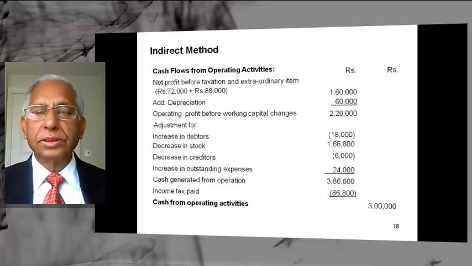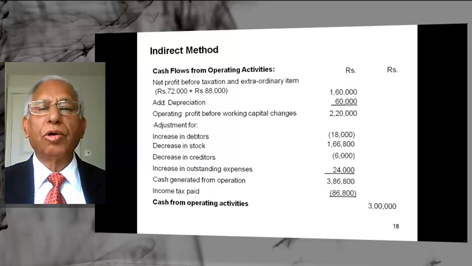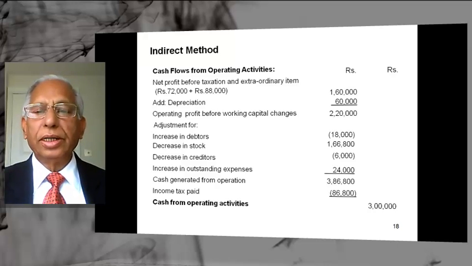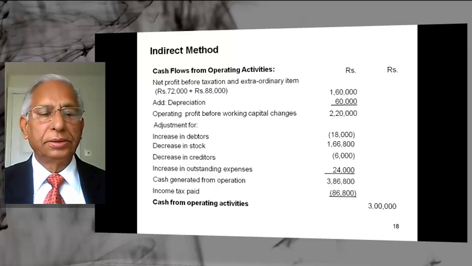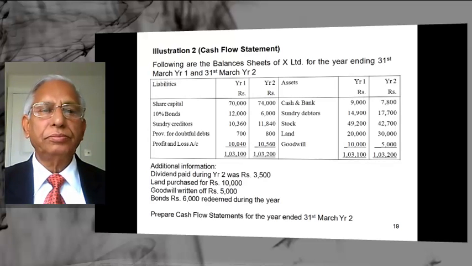Important thing to note is this: whether you calculate cash flows from operating activities as per direct method or indirect method, net result is the same. So as per direct method also we got rupees 3 lakh cash from operating activities. Here also we have got cash flows from operating activities 3 lakh rupees.